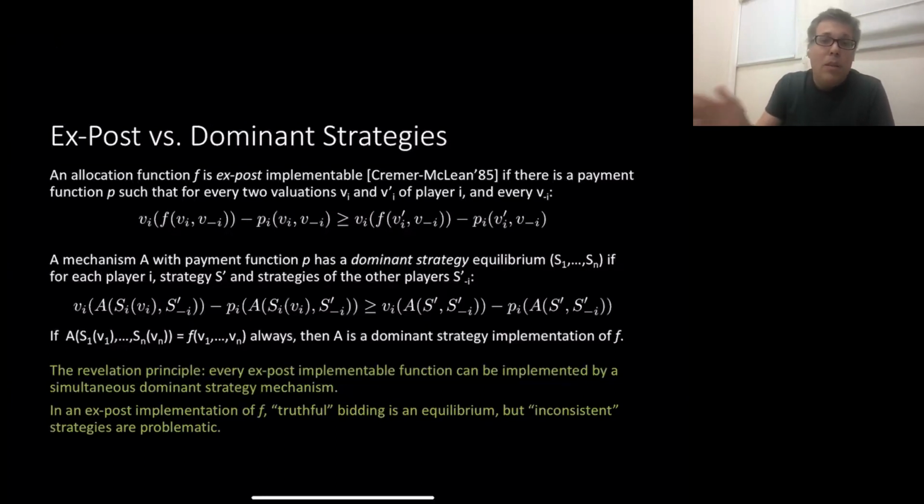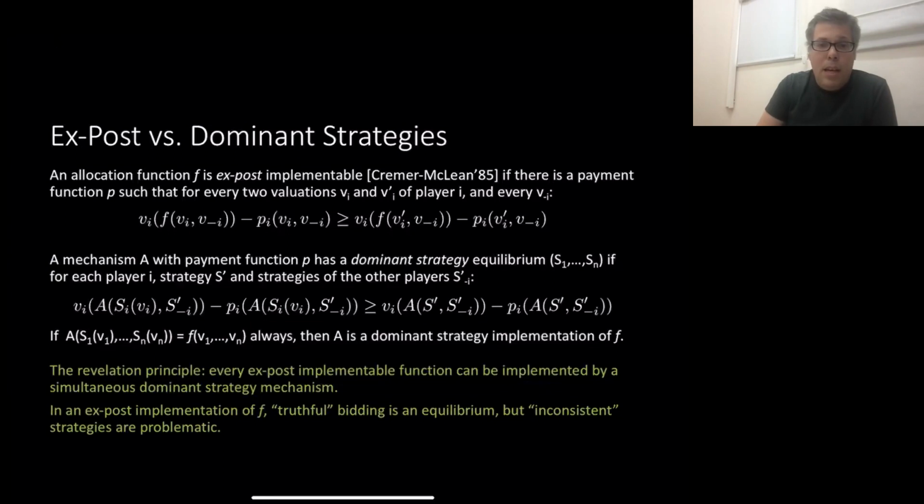If you do that, then I'll do something that is bad for you, and so on. Okay? So the revelation principle simply tells us that the notion of ex post implementability is, in a sense, stronger than dominant strategy implementation, because we can implement every function that is ex post implementable with a dominant strategy equilibrium.